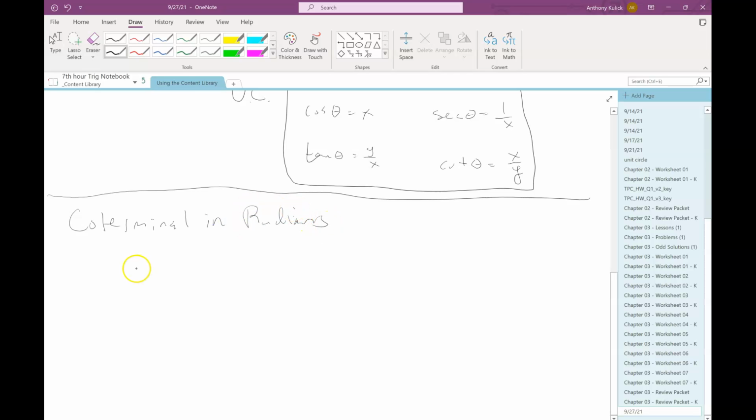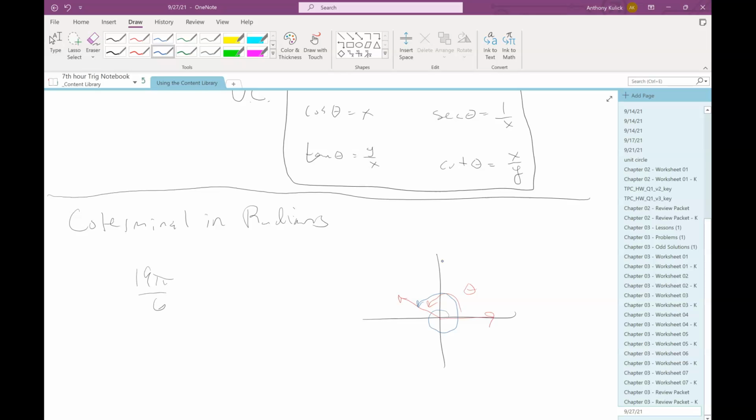So let's say we have 19 pi over 6, and I just want to find some angle coterminal to that. So remember the idea for coterminal. If we have a standard position angle, I'm just drawing something here, an angle like this would be coterminal because their terminal sides lie in the same position, right?